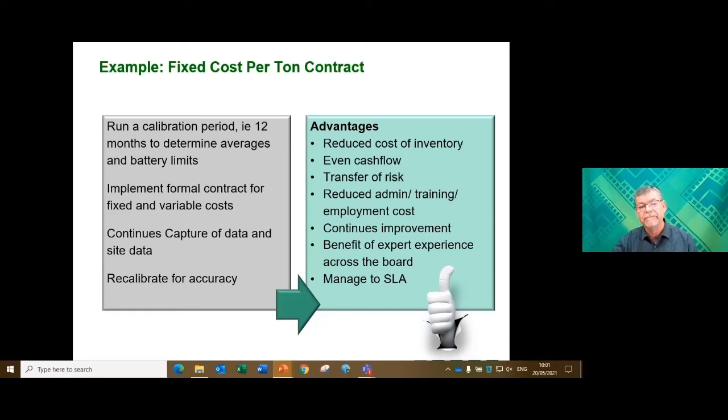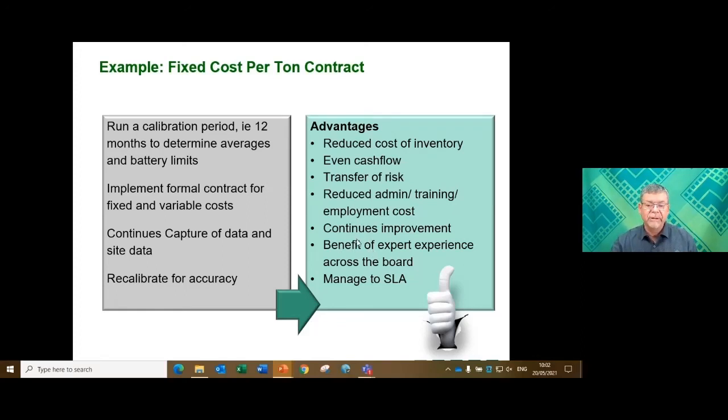The customer benefits from far better recoveries and cost per ton, and the supplier benefits from better performance of his products, and also because the price per ton is fixed.